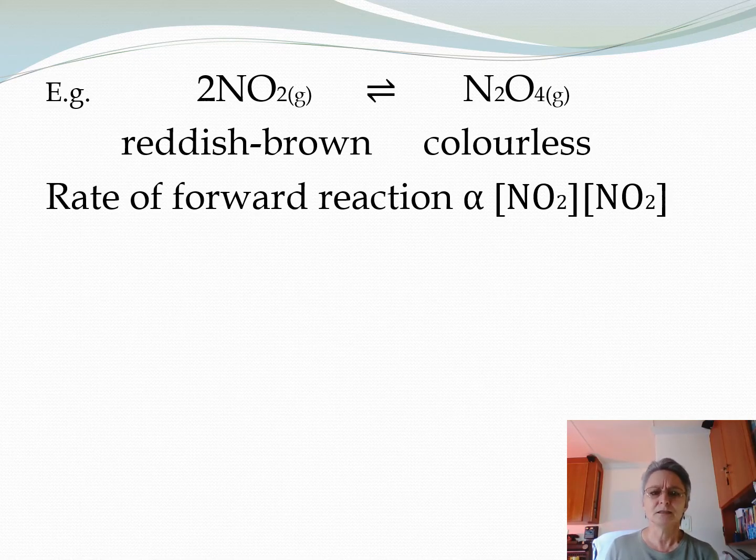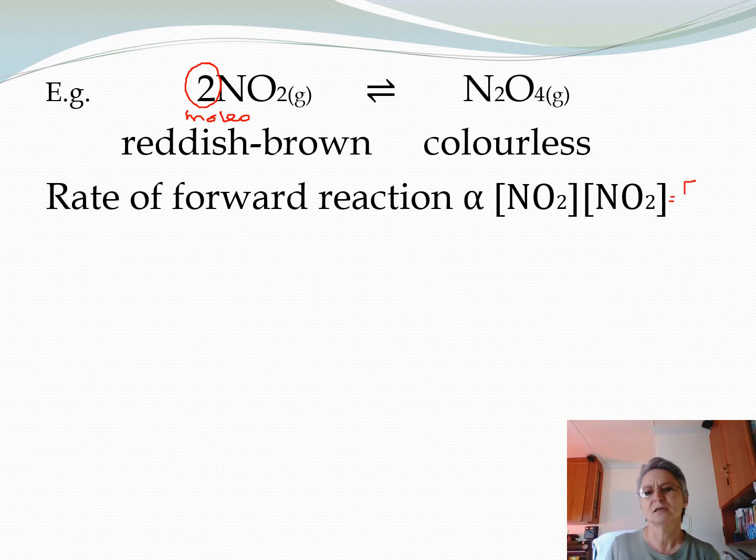So at equilibrium, the rate of the forward reaction is directly proportional to the concentration of the nitrogen dioxide. But because we have 2 moles of nitrogen dioxide, we have nitrogen dioxide's concentration times nitrogen dioxide's concentration.